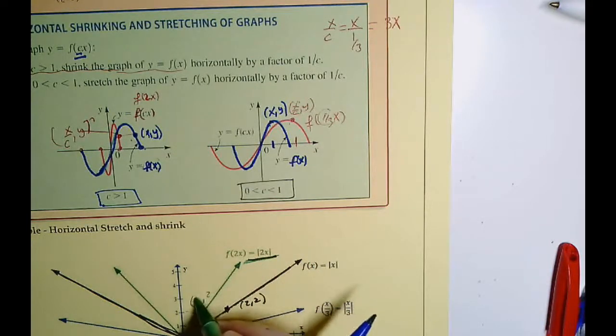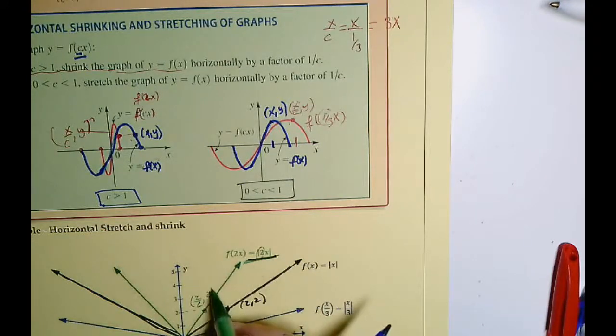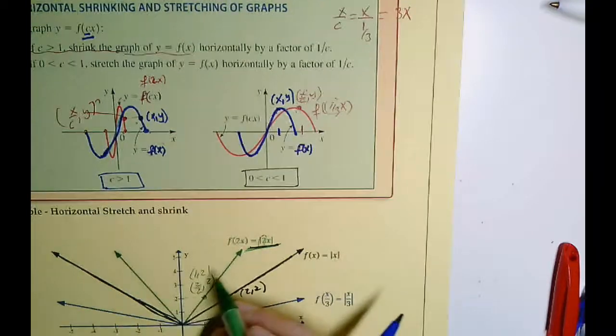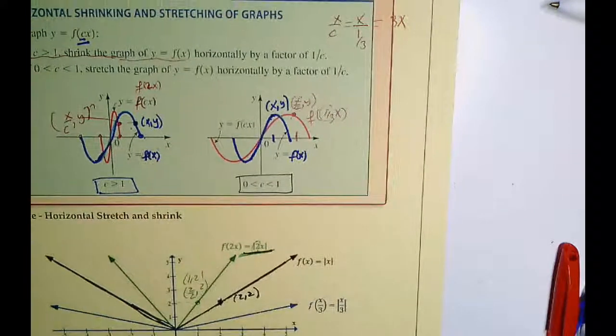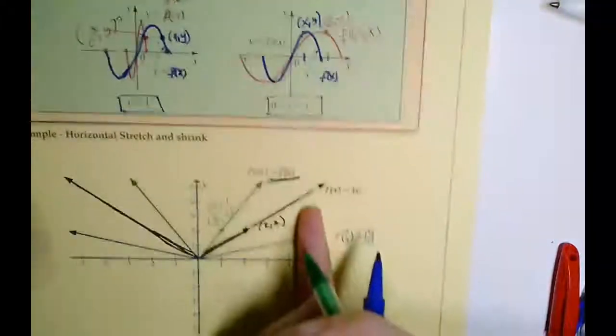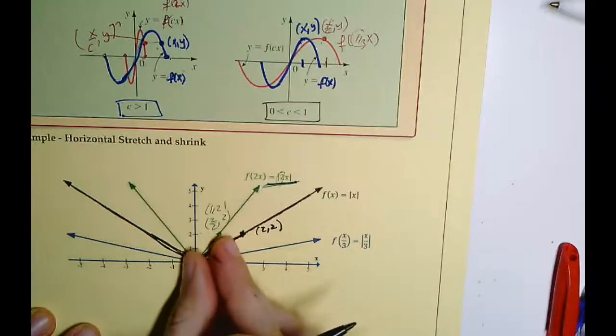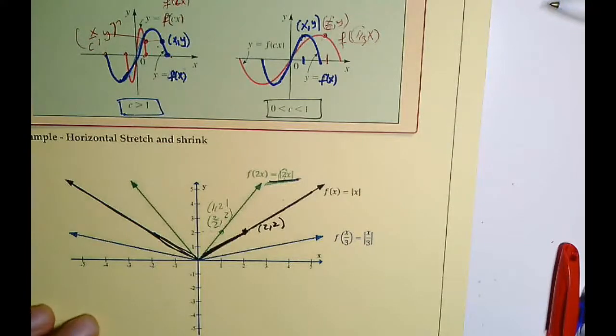So the x is 2 divided by 2 because c is 2 in this case. So the point 2, 2 went to the point 1, 2. This portion of the graph got shrunk and now it became this portion, the green one.